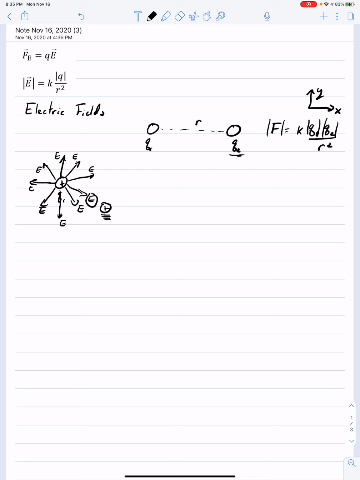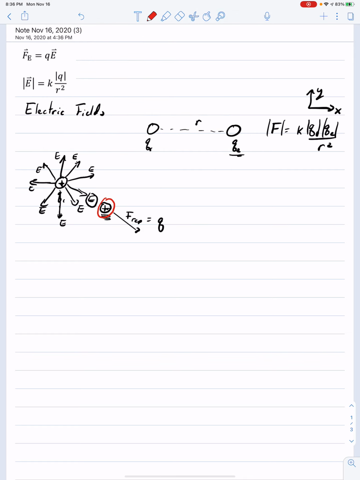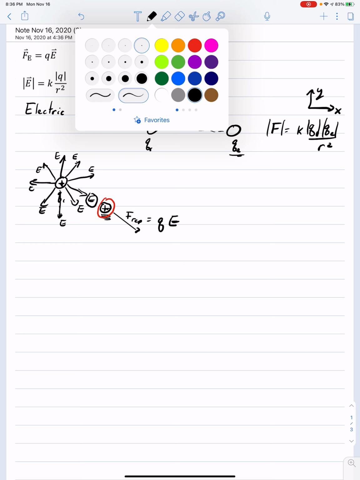Because both of them are positive, this charged particle has a force that is being repelled, and we can actually get the equation. The force being repelled is equal to the charge of this particle, times the electric field of Q1, which is this right here.